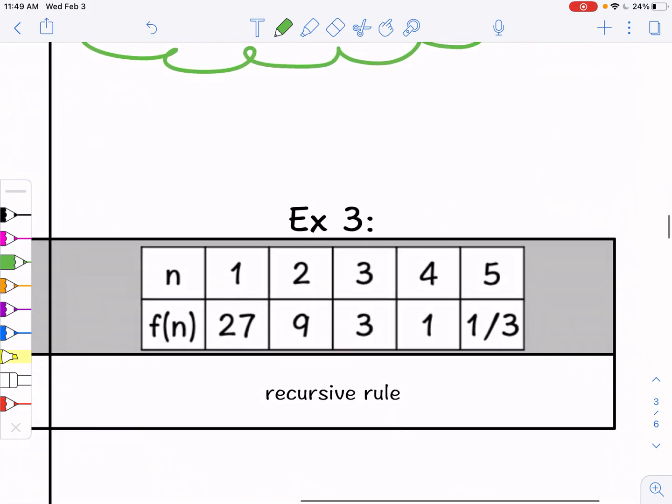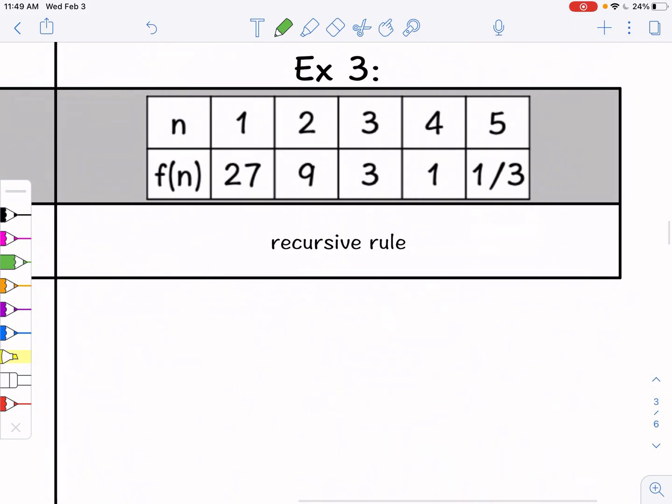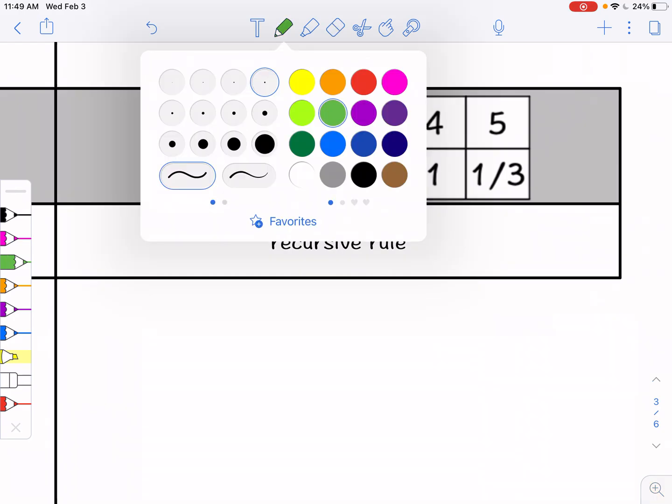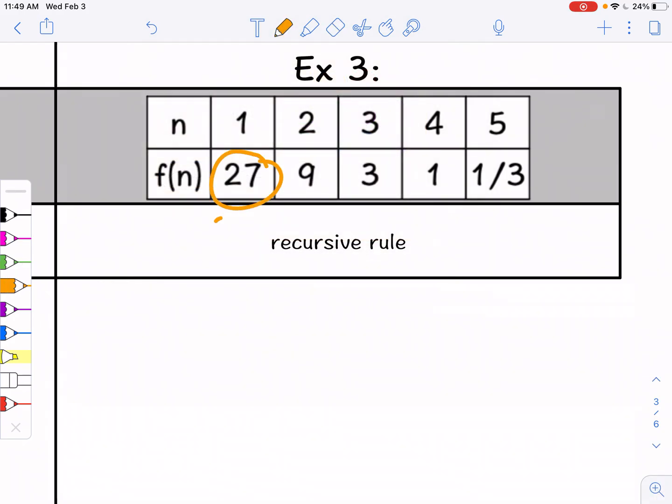So I also know that with example 3, I have a table, and I know that this is saying the first term is 27, the second term is 29. That's what those n's mean. And so right away I can tell that my first term is 27. And then to get from one to the next, I see that I'm dividing by 3, which is the same as multiplying by 1/3.